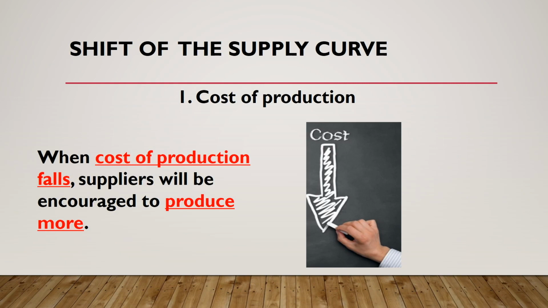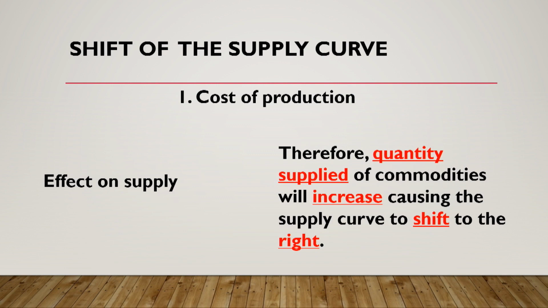Cost of production. When cost of production falls, suppliers will be encouraged to produce more. Effect on supply. Therefore, quantity supplied of commodities will increase, causing the supply curve to shift to the right.